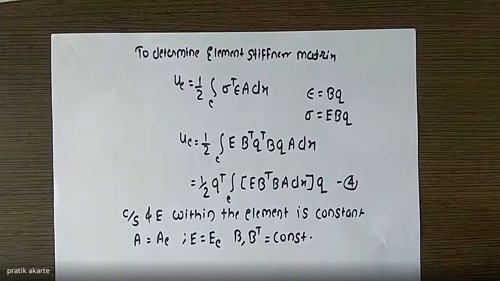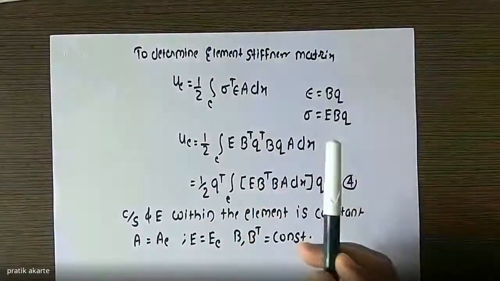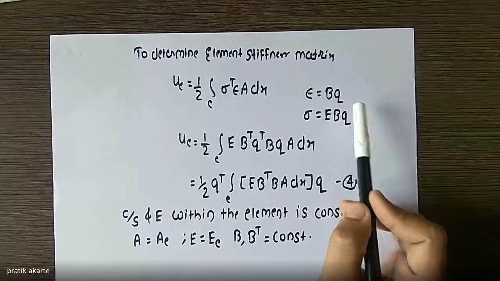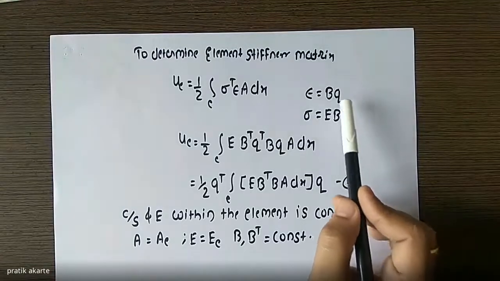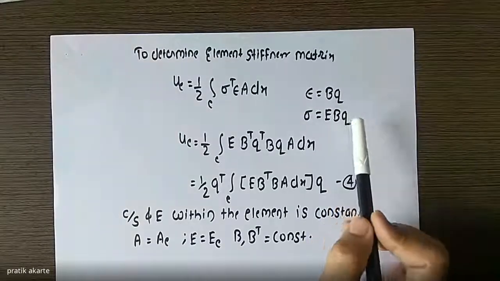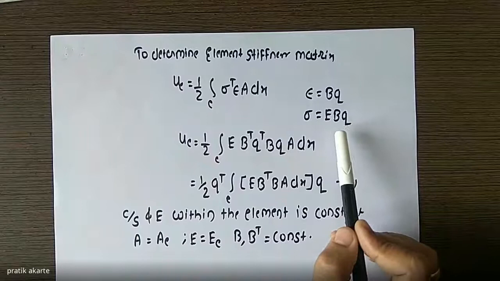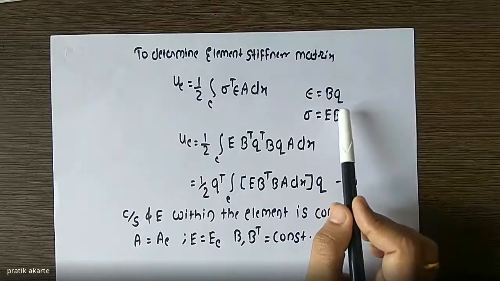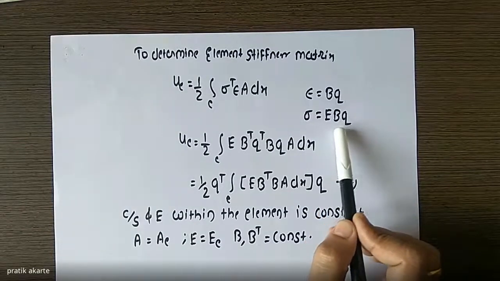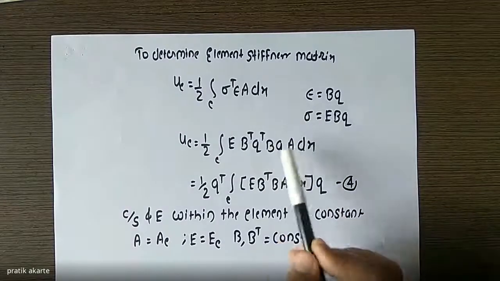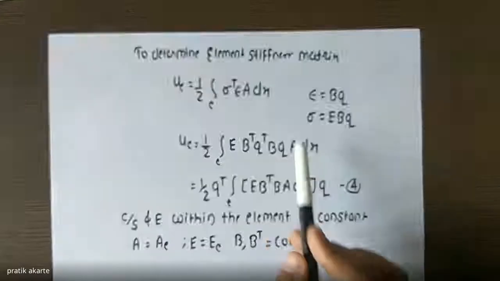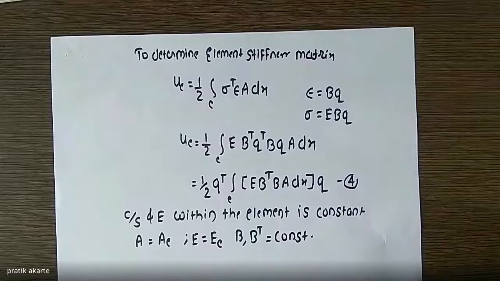The strain energy we have formulated by this equation, and based on the displacement, stress, and strain relationship, epsilon is equal to Bq and sigma is equal to EBq. Putting these values into this equation, we got equation number 4.